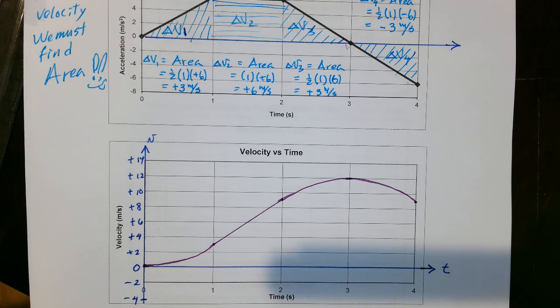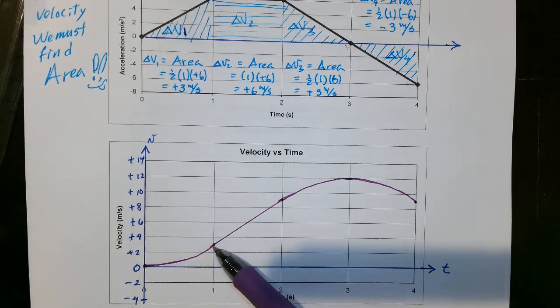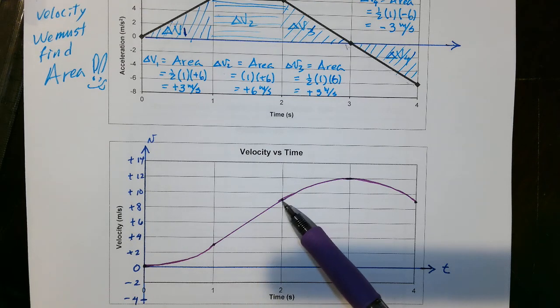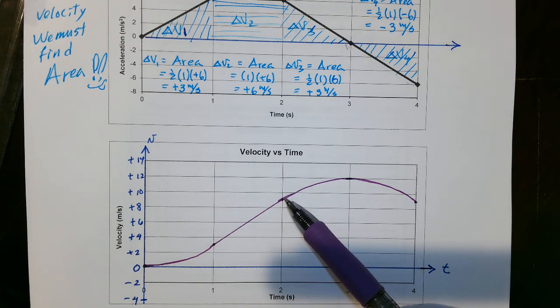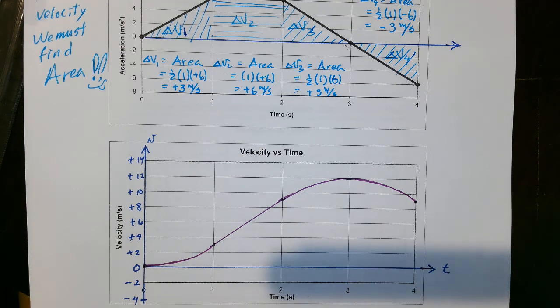Is the object speeding up, slowing down, or going at a constant velocity? What's going on? From 1 to 2 seconds, I start at positive 3 meters per second and I go to positive 9 meters per second in 1 second. Jack, what would you say?